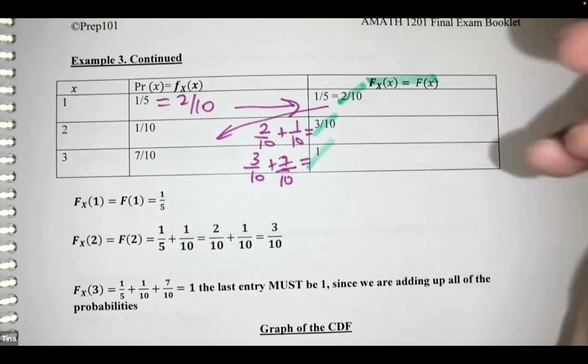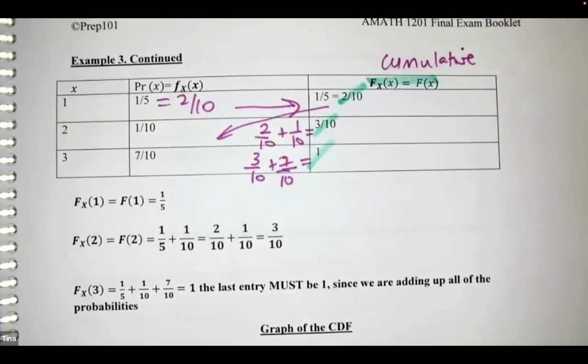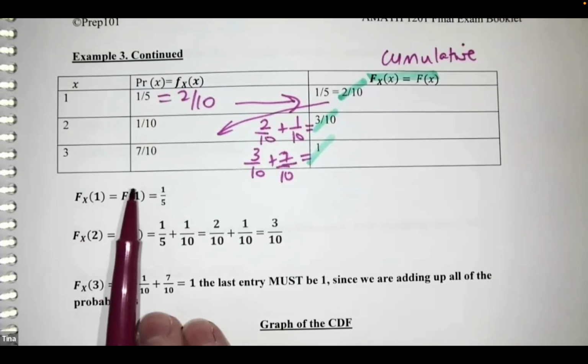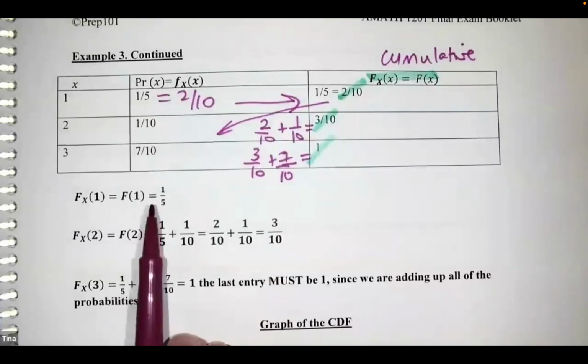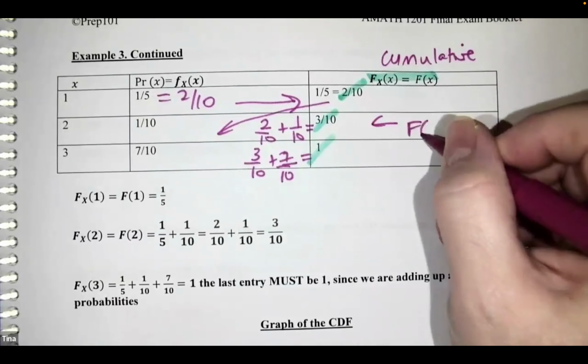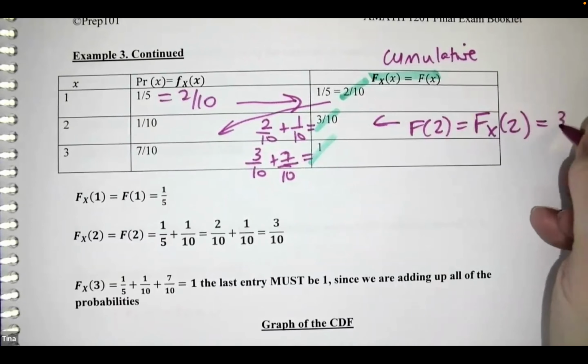Remember, capital F means cumulative, which means add them up as you go down your chart. So F_X of 1, the cumulative at 1, would be 2/10 or 1/5. The cumulative at 2, capital F_X of 2, is 3/10.